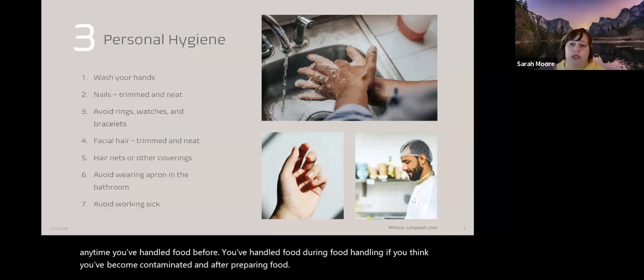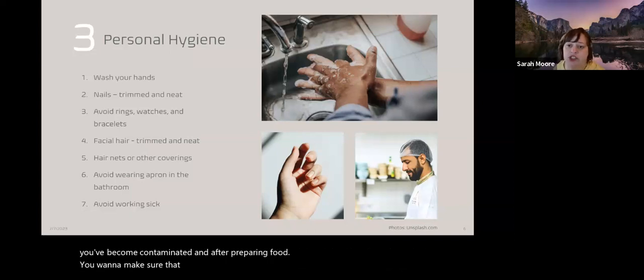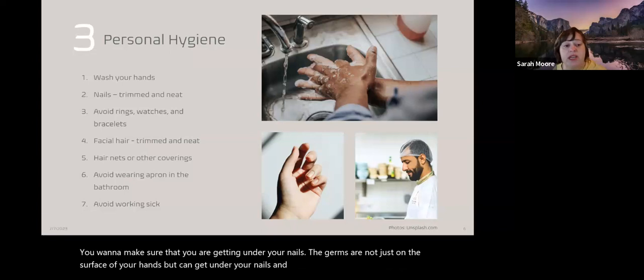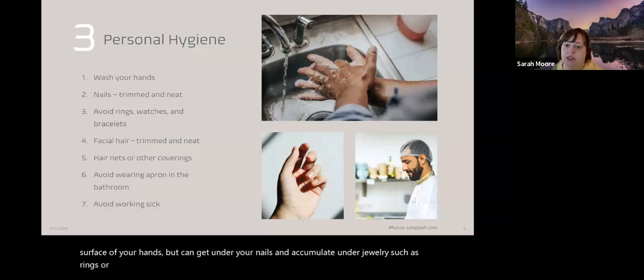You want to make sure that you are getting under your nails. The germs are not just on the surface of your hands, but can get under your nails and accumulate under jewelry, such as rings or bracelets or watches. So it's generally not recommended that you wear those in the kitchen when you're preparing food.